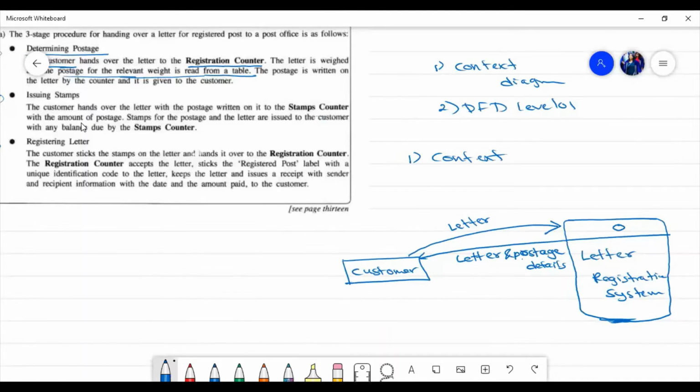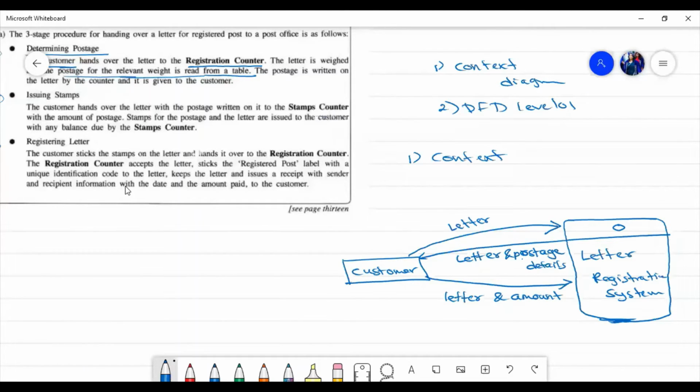Issuing stamps. The customer hands over the letter with the postage written on it to the stamps counter with the amount of the postage. So then the customer again gives something back to the system. What is that? The letter, and the amount. On top of the letter, they have written the postage.